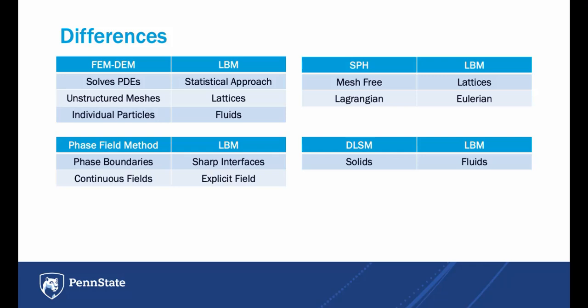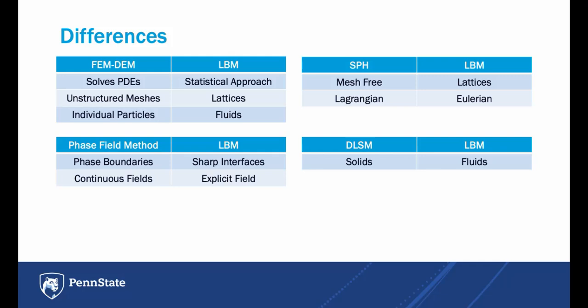The discrete element method tracks individual particles with contact mechanics, ideal for granular flows. The Lattice-Boltzmann method treats fluids statistically, not particle by particle. Phase field methods model interfaces, for example phase boundaries, via continuous fields. The Lattice-Boltzmann method excels at sharp interfaces and multi-phase flows without explicit field equations.